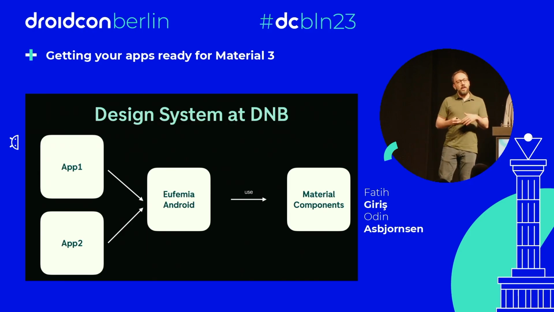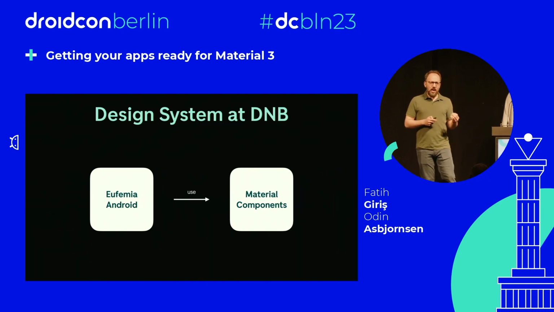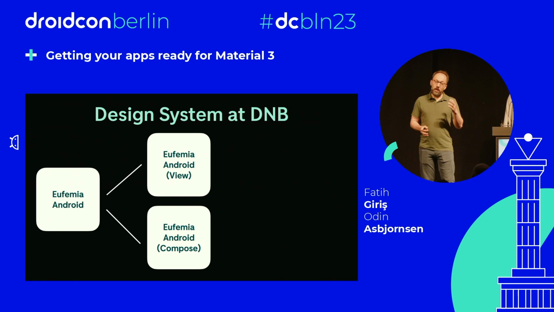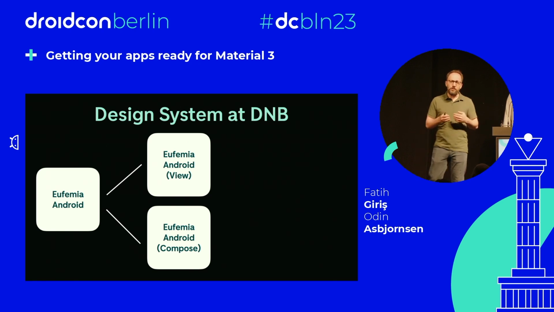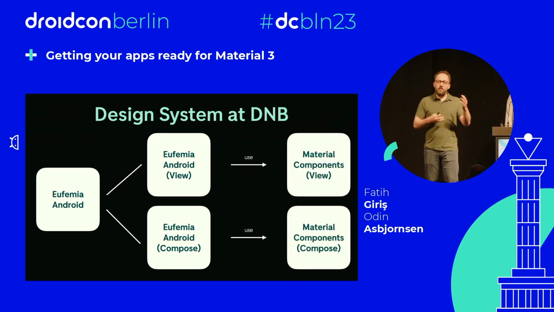So our apps are using that library. But that library doesn't have a single artifact. It has several artifacts. Two of the artifacts are the View system version and the Compose version. And under the hood, they are of course using the View version of the material components and the Compose version of the material components.